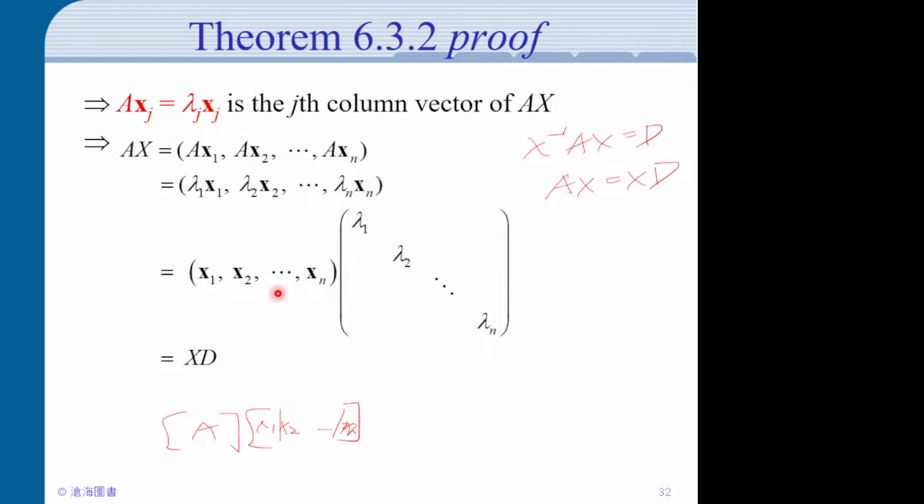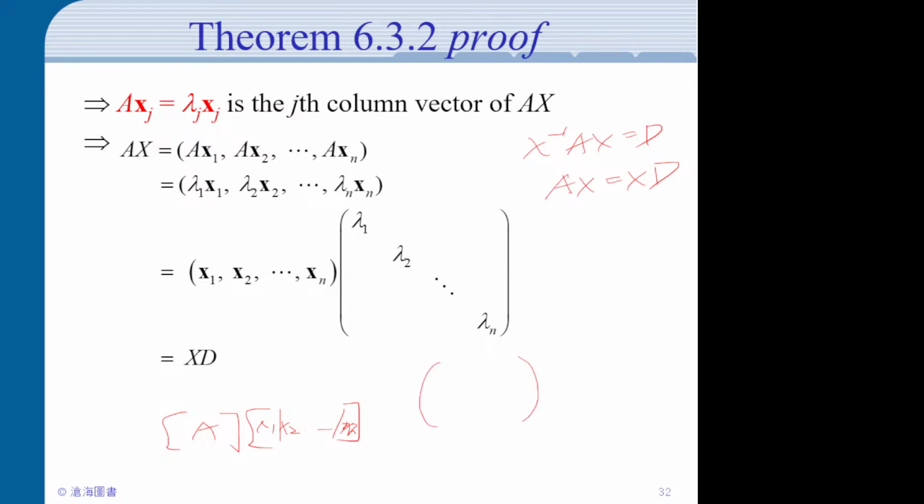And you can do this column multiplication by multiplying a diagonal matrix on the right-hand side of your matrix X. If you want to multiply each column by some coefficient, you can just multiply by the diagonal matrix of the coefficients lambda 1, lambda 2 to lambda n. Check the matrix multiplication rule, and that will be correct.